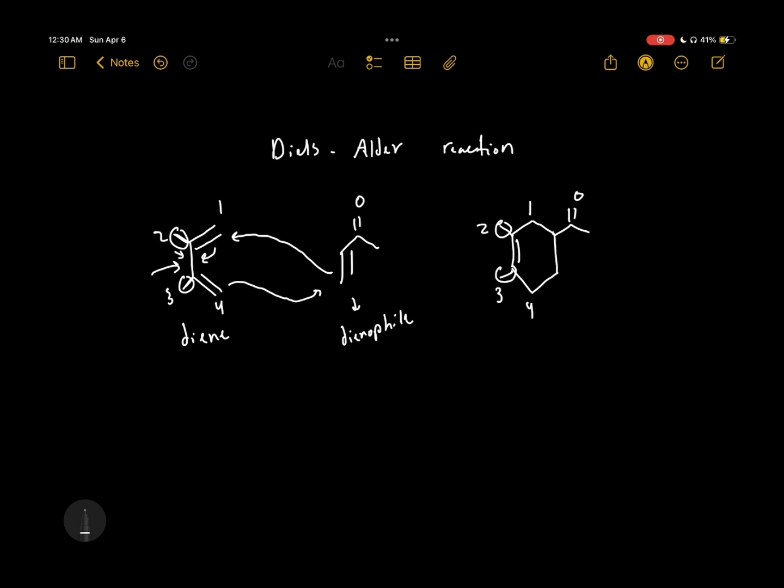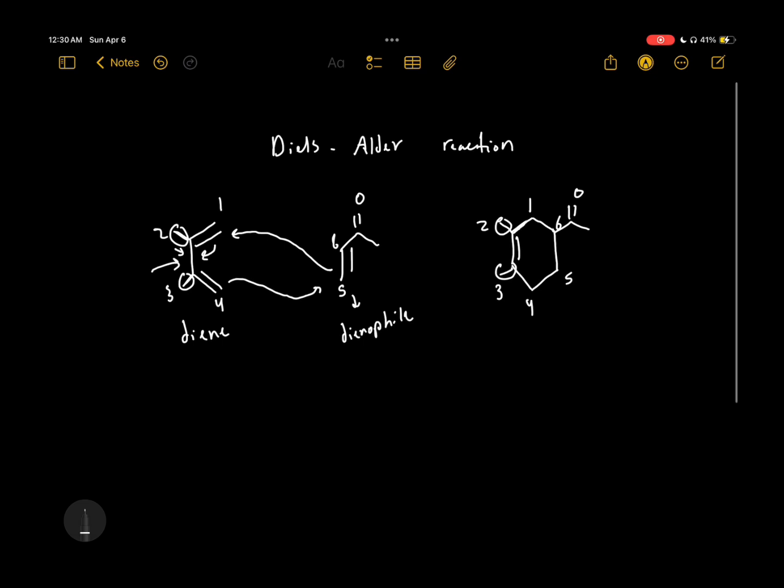And if you want, you can go ahead and number this 5 and 6. And as you can see, everything follows. We have our double bond between our 2 and 3, and then we form two sigma bonds between 1 and 2 and 3 and 4 over here. And that would be our final product.